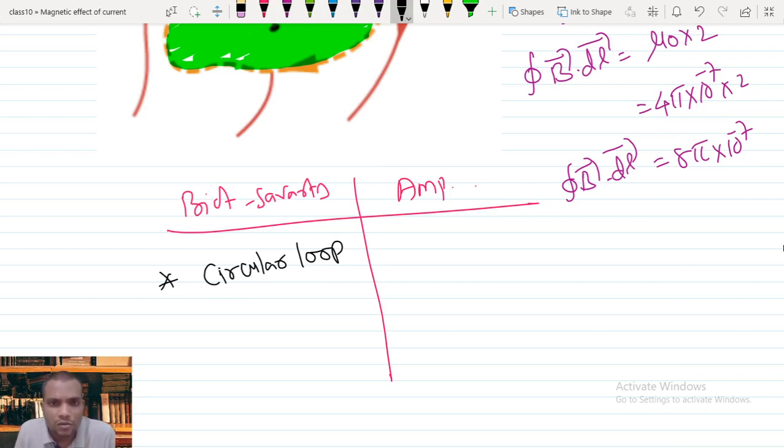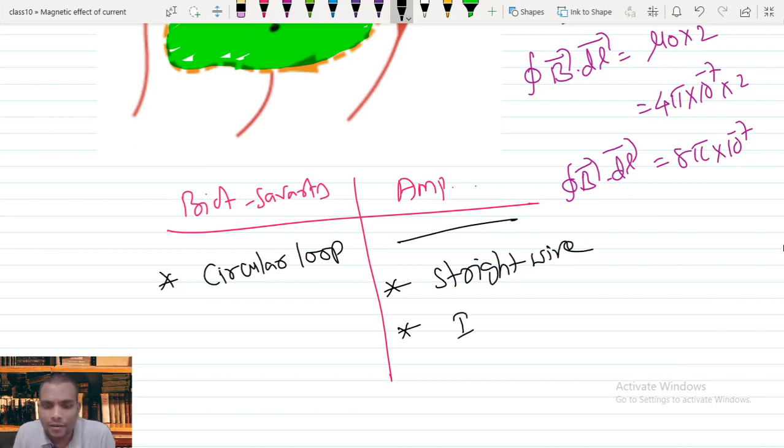We do not use Ampere's law there. In the rest of the cases, for a straight conducting wire and an infinite long conducting wire, we can use Ampere's law.